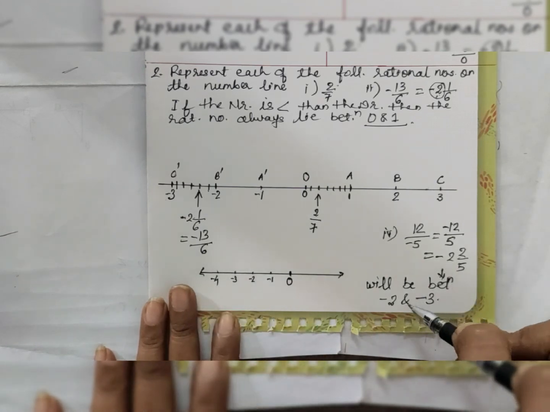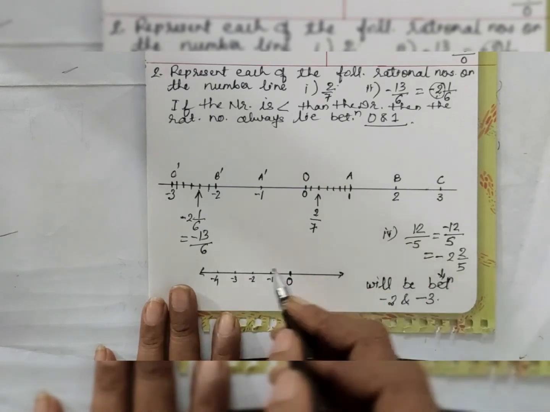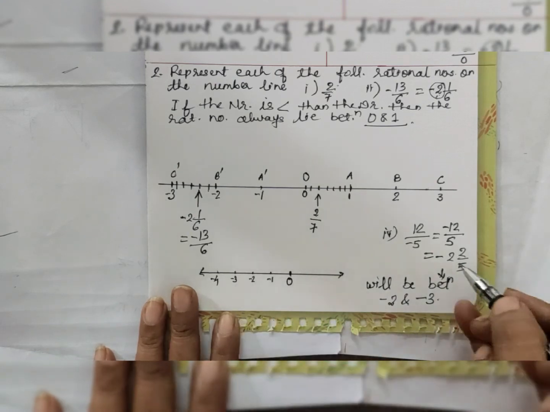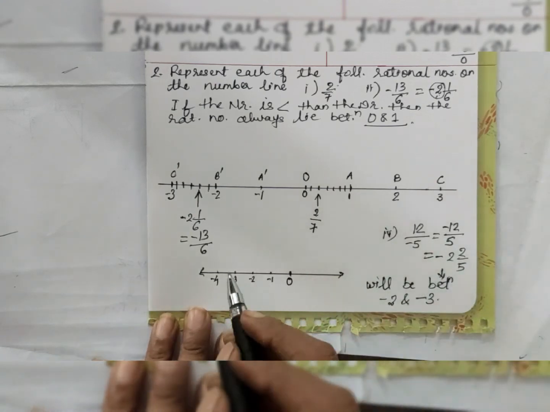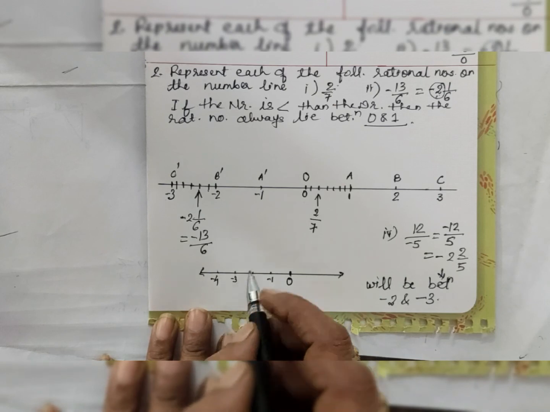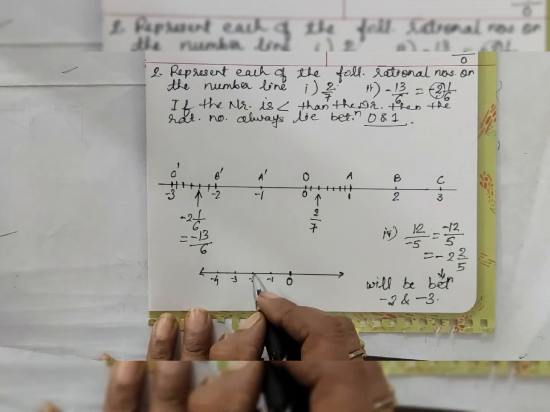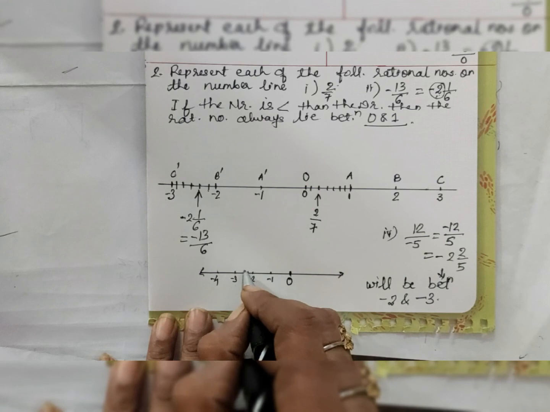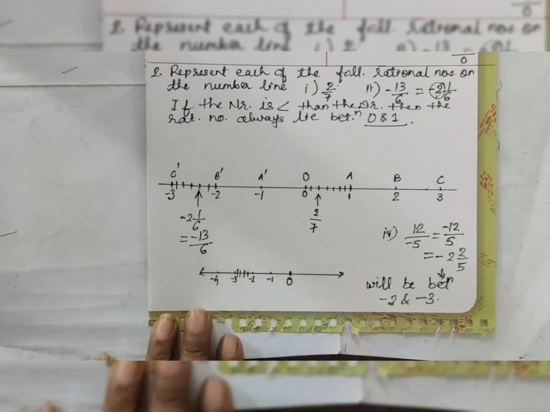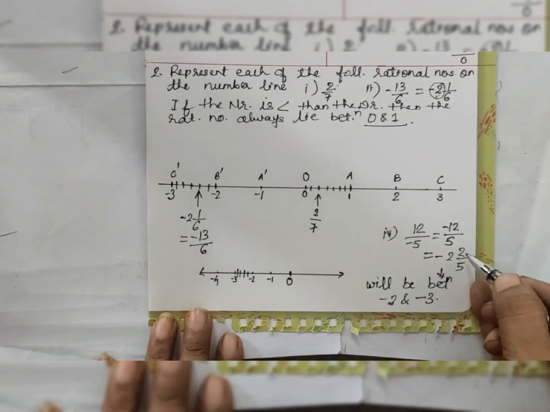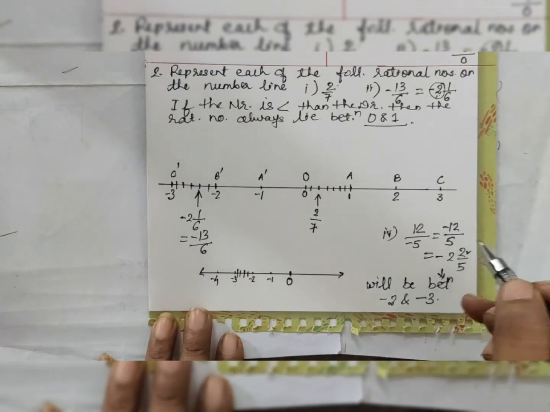Now this number will lie between minus 2 and minus 3. Here is minus 2 and minus 3. What is the denominator here? 5. So you have to divide this minus 2 and minus 3 into how many equal parts? 5 equal parts. So this is 1, 2, 3, 4 and this is 5. Okay, now children, see, what is the numerator here? You got 2.